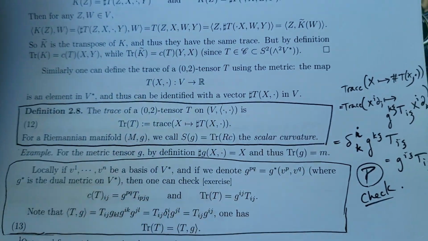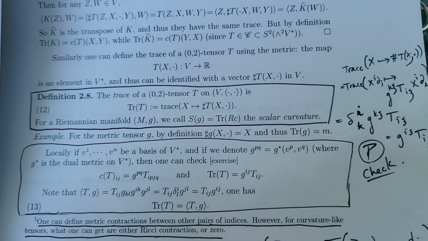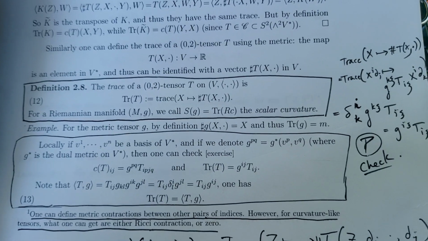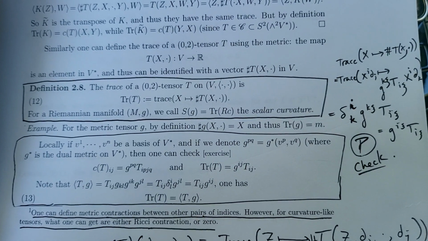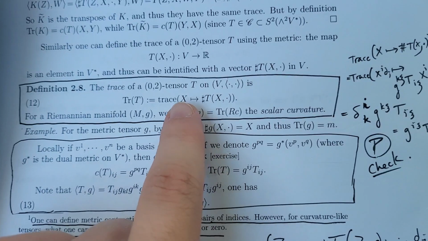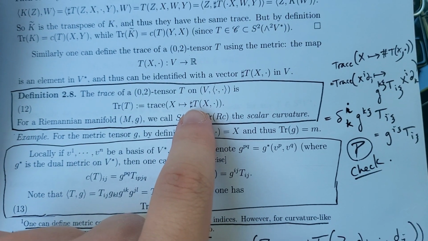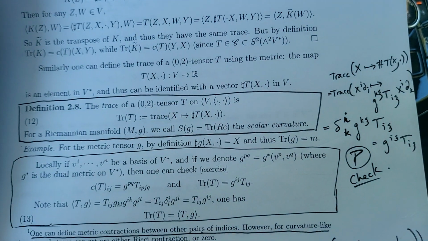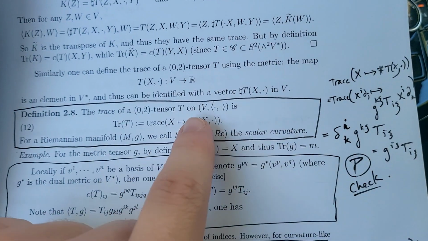Now, we're going to define the trace of a 0,2 tensor. Okay, this is a bit simpler definition. So we take a 0,2 tensor, and we can build a linear map which takes a vector x to the sharp of the one form t of x comma dot. So again, similar construction.